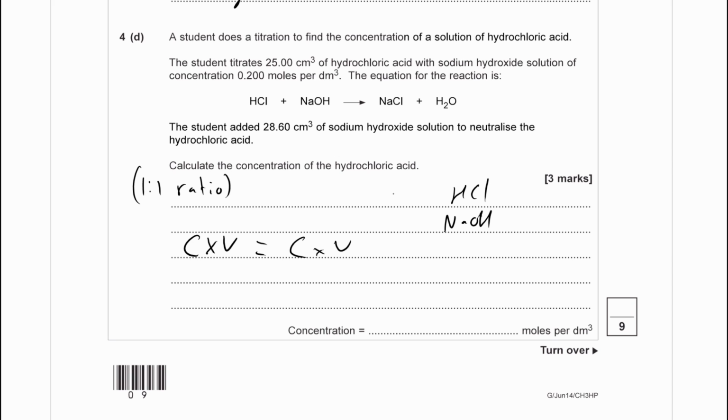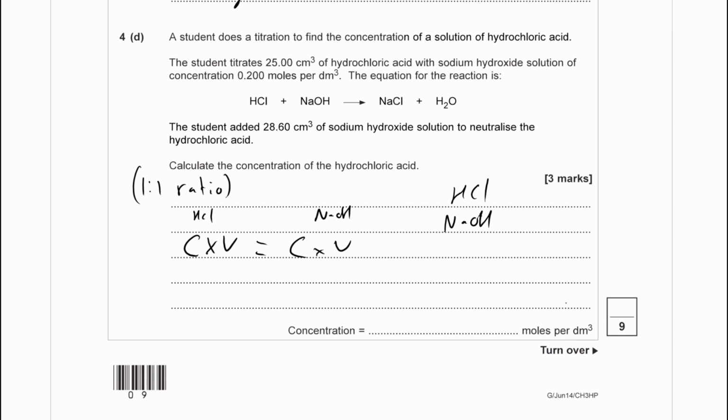So what do we have? Well, we know that, I'm going to say this is HCl and this here is NaOH, just so we're clear. We know that we have 25 centimeter cubed of hydrochloric acid. That's the volume of hydrochloric acid. Now, I always prefer to write in decimeters cubed straight away because, look, we want moles per decimeter cubed.